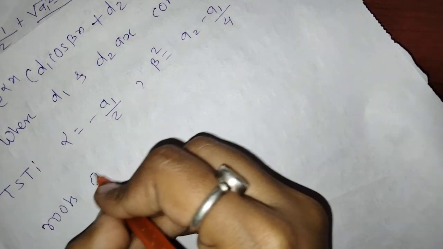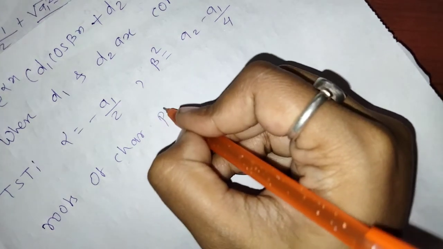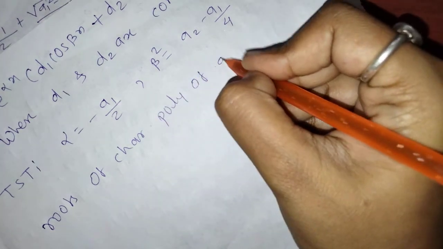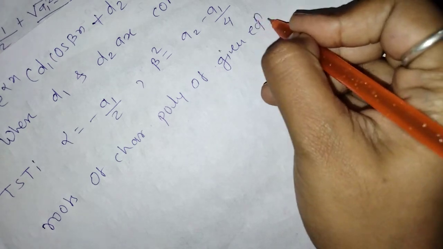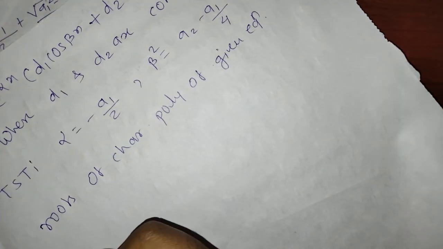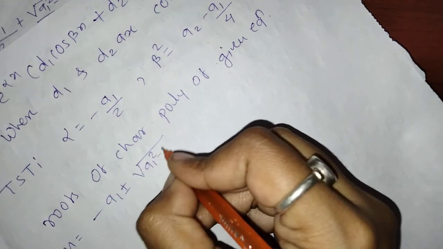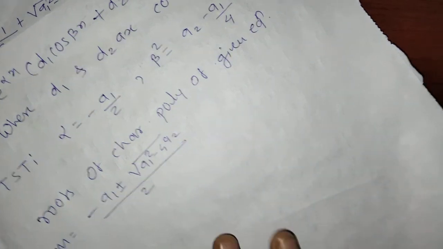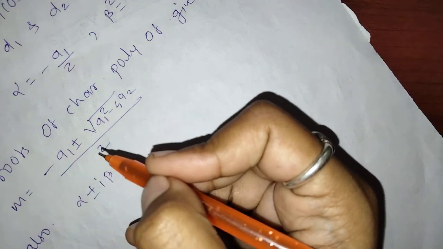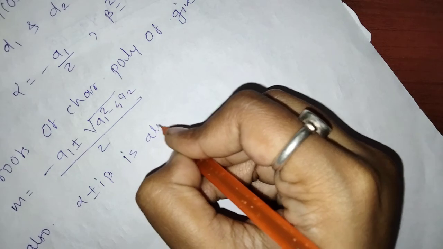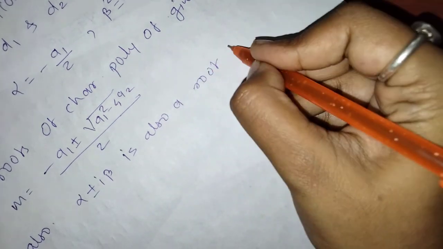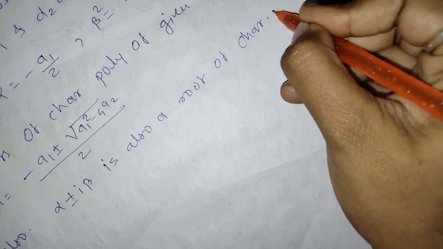The roots of the characteristic polynomial of the given equation are m equal to minus a1 plus minus under root a1 square minus 4a2 upon 2. Also given that alpha plus minus i beta is also a root of the characteristic polynomial of the given equation.